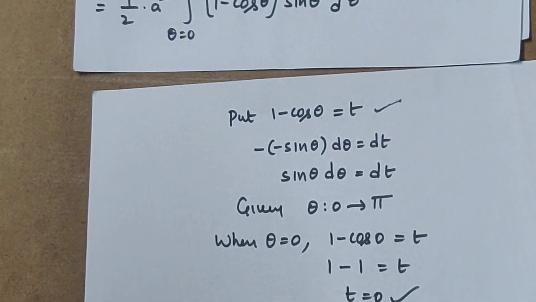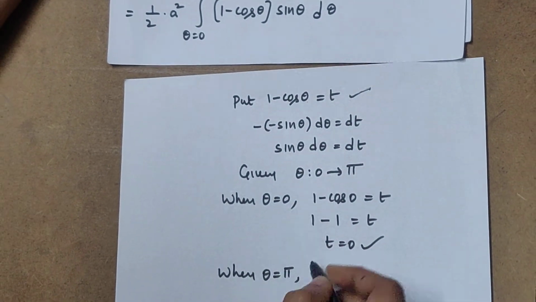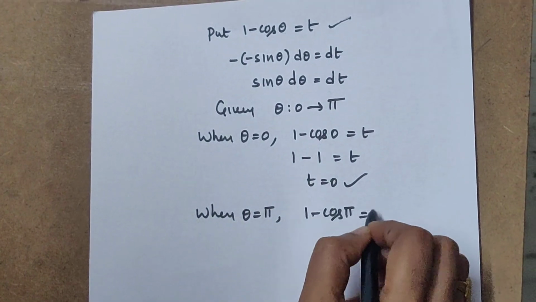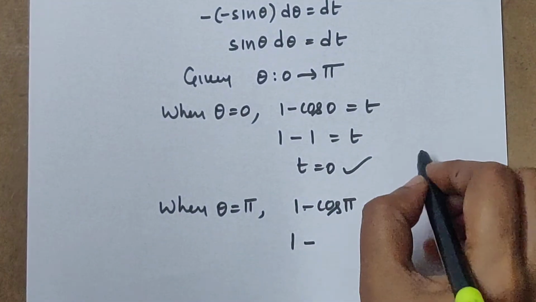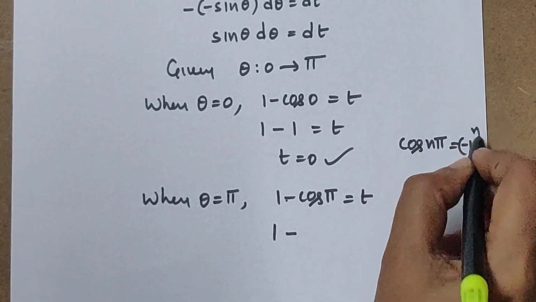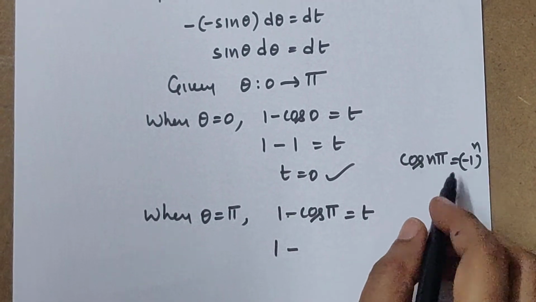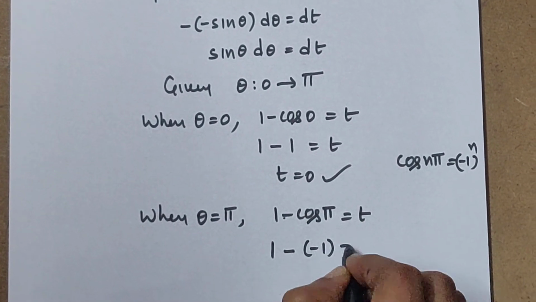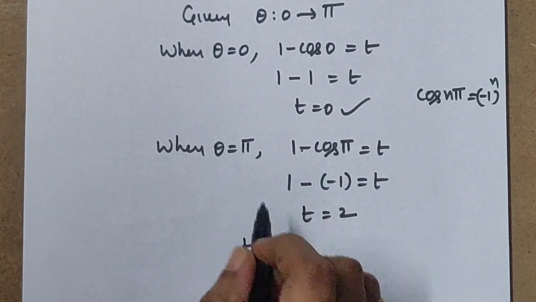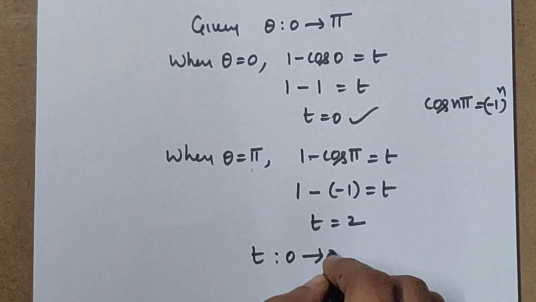When theta equal to pi, 1 minus cos pi equal to t. We already know cos n pi equals minus 1 whole power n. So with n equal to 1, cos pi is minus 1, so t value is 2. So the t limits change from theta 0 to pi into t from 0 to 2.